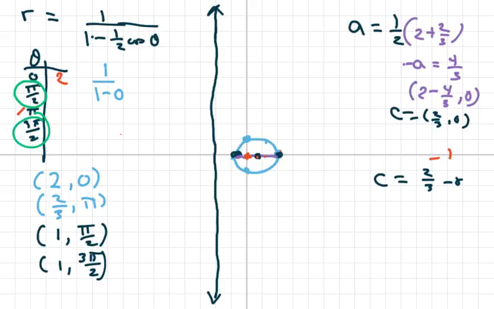So the other focus would be (4/3, 0), because one of the foci is at 0, the pole. So you just add the distance to your center. Okay, that's all. Thank you and have a nice day. Bye-bye.